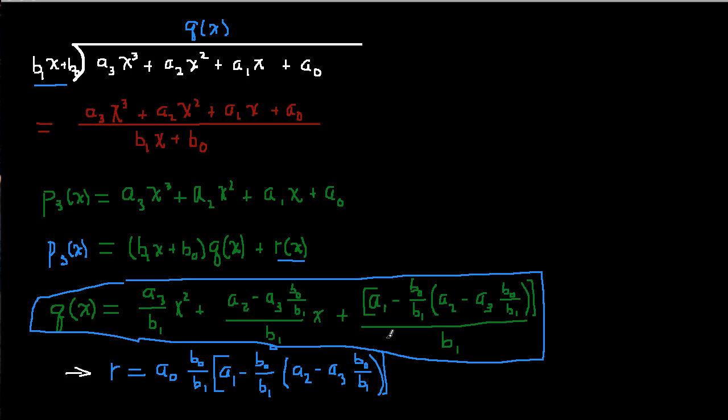I want you also to look for recurring patterns that appear in q of x because I would like you to think about what this will look like if, for example, we get a fourth order polynomial that is divided by a first order polynomial.